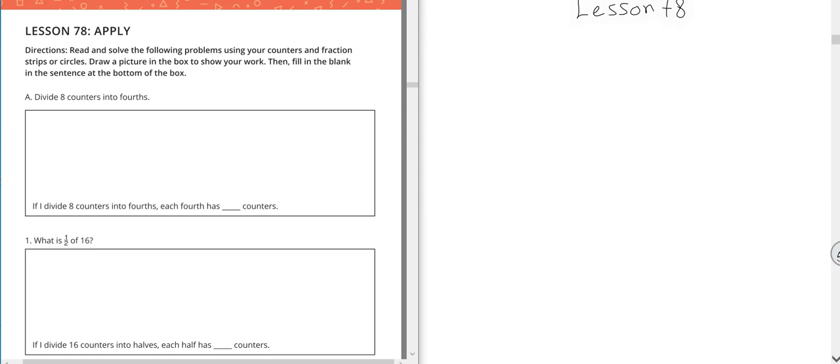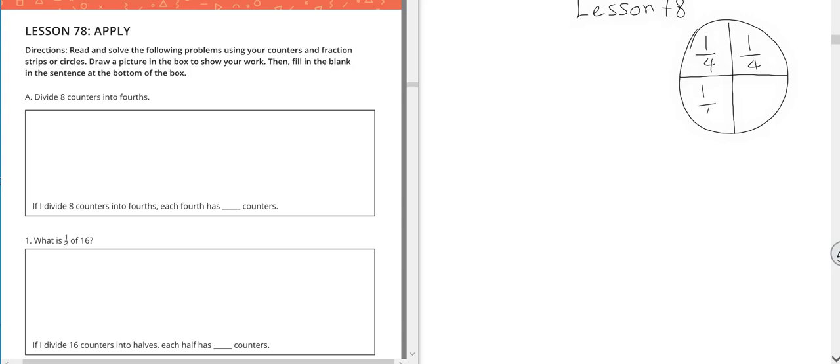If we have one whole pizza and we want to divide it among 4 friends, we divide it into 4 equal parts. So 1 whole equals 4 fourths. Each part is called one fourth.